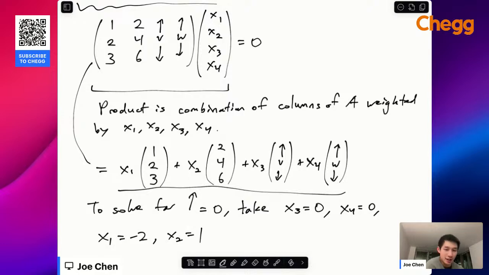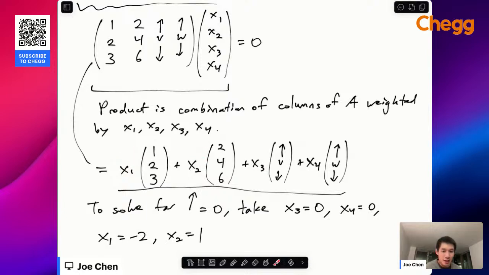So hopefully you see that would make it 0, right? Taking x3 and x4 to be 0 makes these go away. And then when x1 is minus 2, I have minus 2 here and 1 here, so it will cancel all these numbers out, and I'll end up with 0.